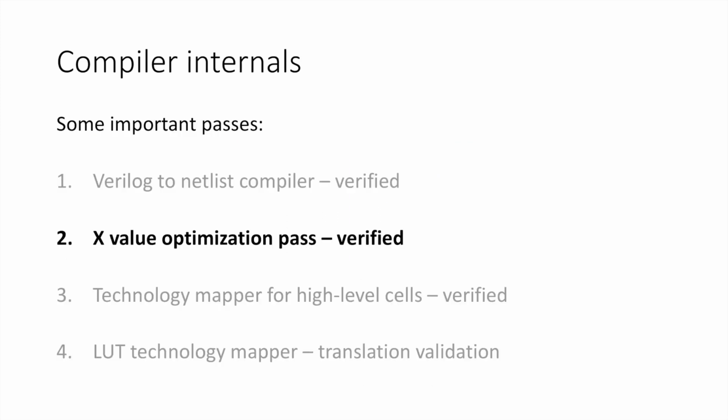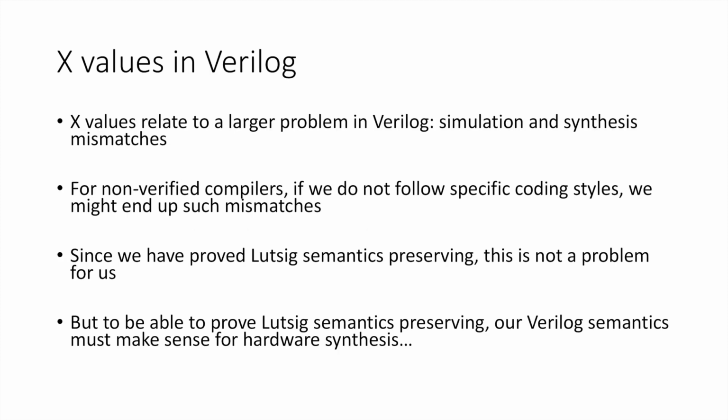Another important pass in Lutsig is the X-value optimization pass. So X-values relate to a larger problem in Verilog development, the so-called simulation and synthesis mismatches, meaning that your synthesized design might not have the same behavior as you saw in the simulation before you synthesized your design.